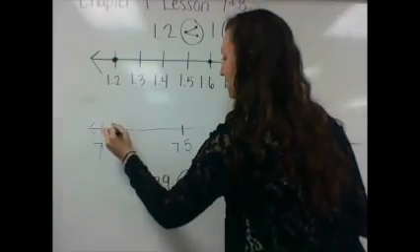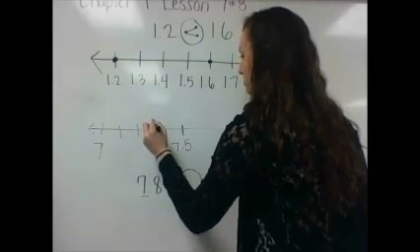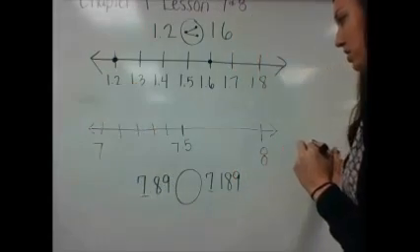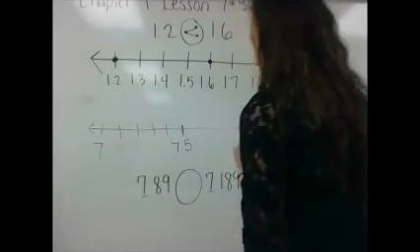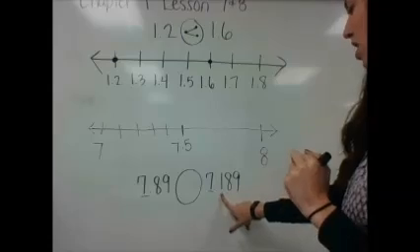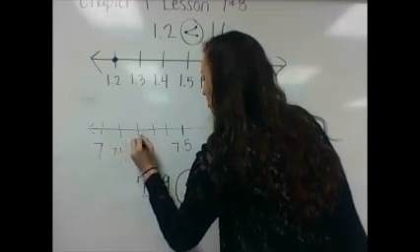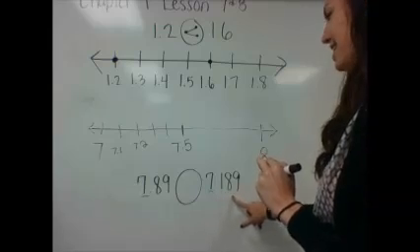So this would be 7.1. And I went up by 1/10 each time. 7.2, 7.3, 7.4. I could label those, but I'm going to go ahead and look at this one because this is 7.1. So this one would be 7.1 and this one would be 7.2. So it's going to fall right in there.